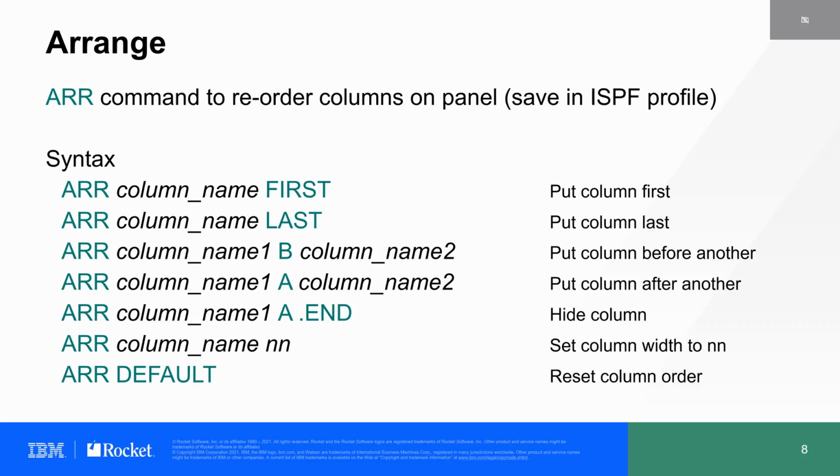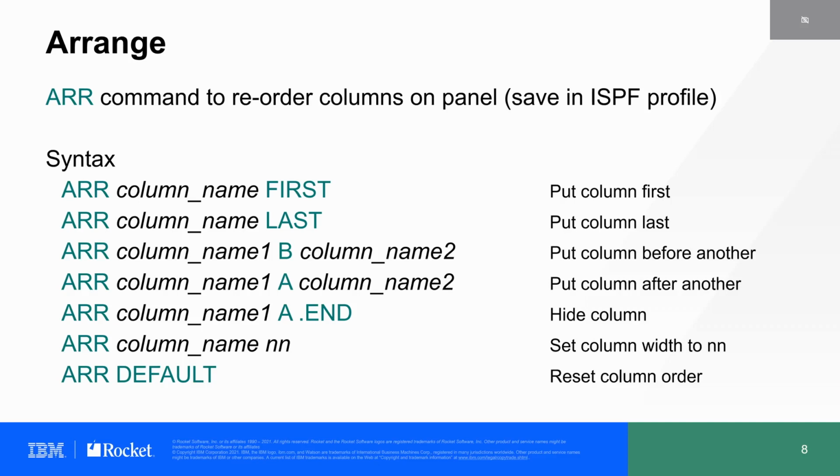For numerical columns, we do try to format the numbers to the width of the field on the panel, and we will do factoring, dividing by 1,000 or 1,000,000 to try to get the number into the displayed screen width. Otherwise, we might end up having to put things like asterisks in.